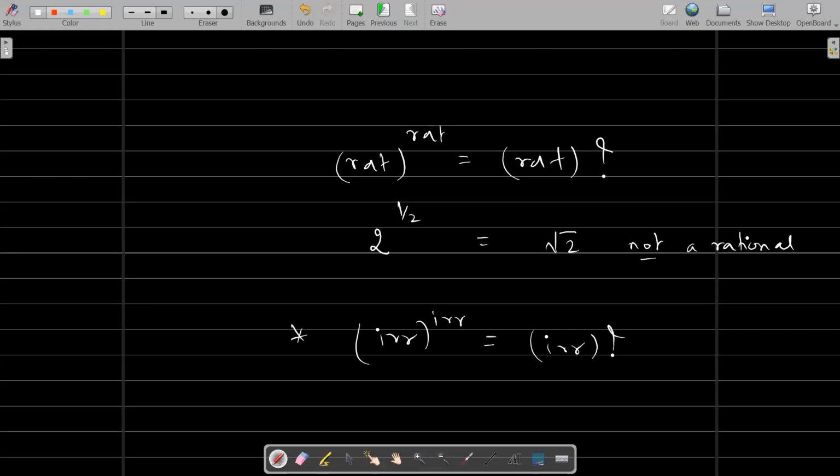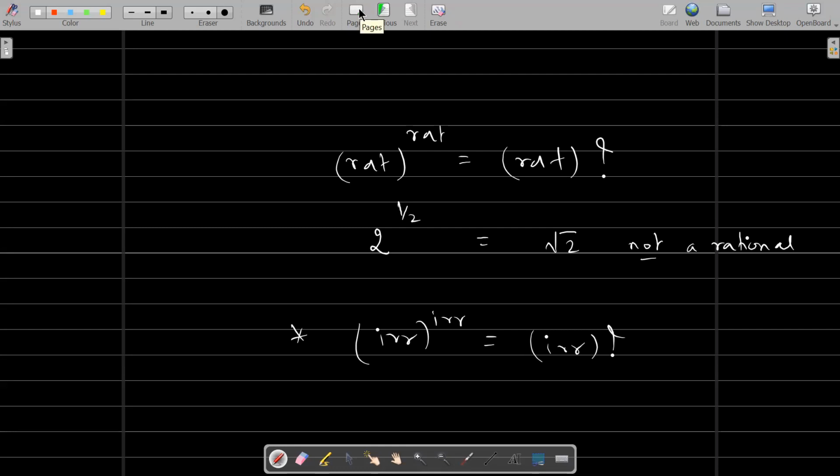No, sir, not always. We can take 2 raised to log 3 base 2. But 2 will be in that case rational, right? So you are giving an example of rational raised to irrational being rational, right? I want both numbers to be irrational. Ritwik? Sir, it's not possible, I think.